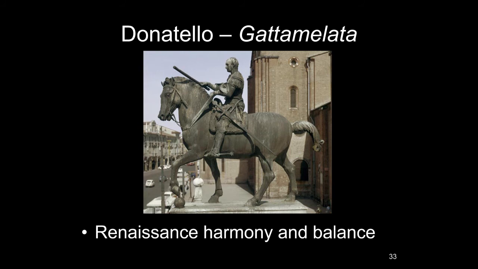And then look at the tail. The tail rises up, sort of tied there, in a curve that is the same kind of curve that we see with the back of the horse. A horse's tail could be anything.